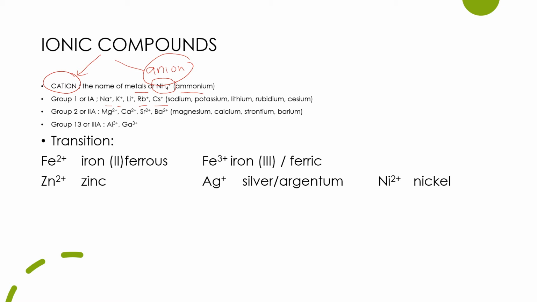So here, when we have NaBr, the name of the metal is sodium. That's the name of the cation. Br is bromide.